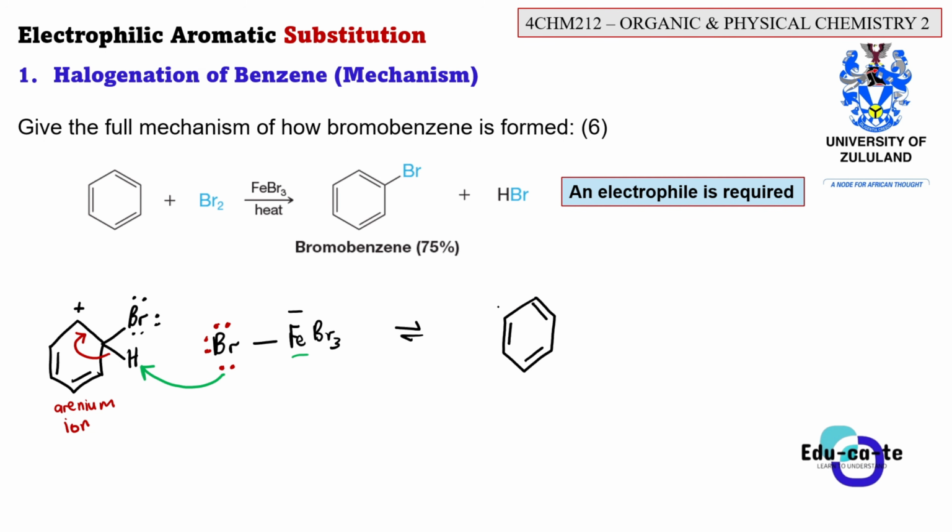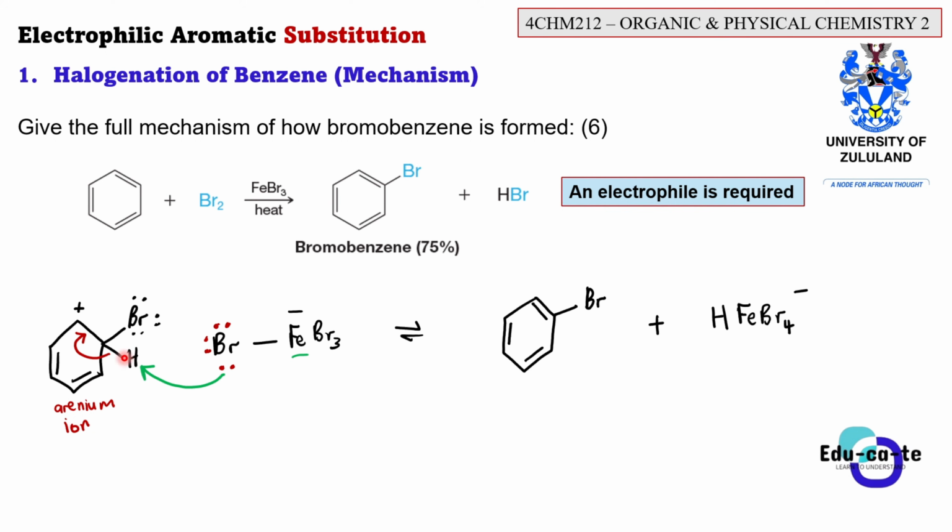To draw the remaining parts of the structures, we remain here with our Br, and here this will be plus Fe, Br3. So what will happen here? Let's rewrite this as H, and this will be Fe, Br4, and this Br4, I think, is going to have a negative charge as well.